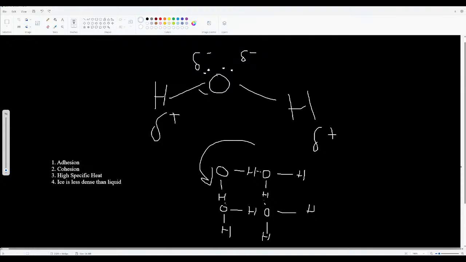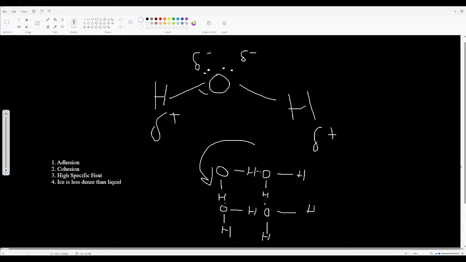So, let's review, right? Coastal climate like in California is moderated by the high specific heat of water, right? So it's incredibly important for that.